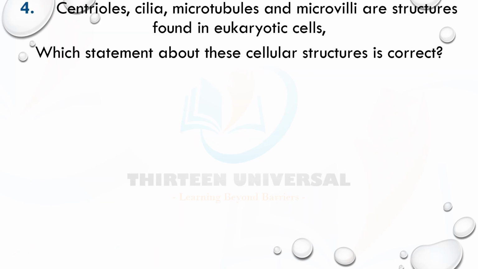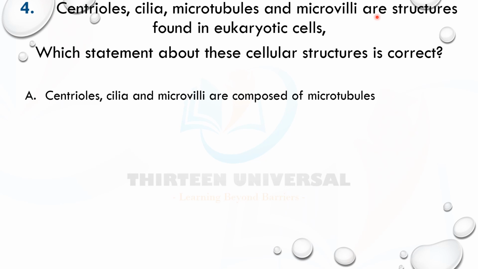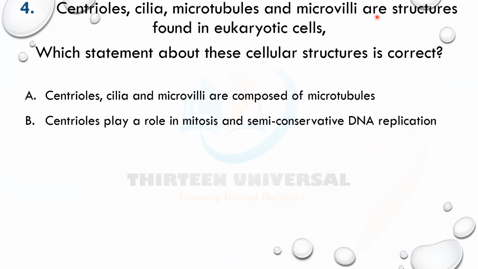All right. Centrioles, cilia, microtubules, and microvilli are structures found in eukaryotic cells. Which statement about these cellular structures is correct? Look at the first one. Centrioles, cilia and microvilli are composed of microtubules. Is that correct? Centrioles play a role in mitosis and semi-conservative DNA replication.